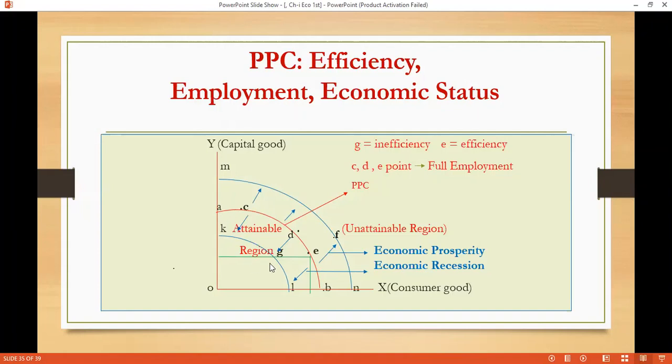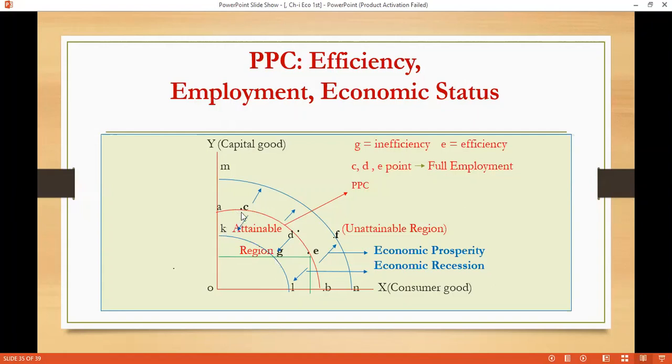Inside that line, this area is called the attainable region. That means with the resource and technology, a country or an economy can produce various combinations of products by using their existing resource and technology.